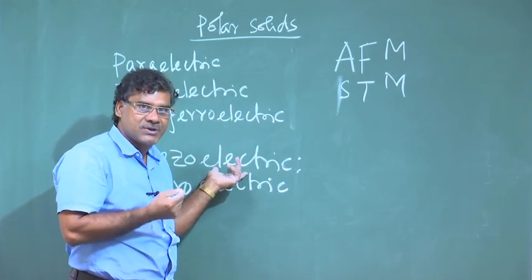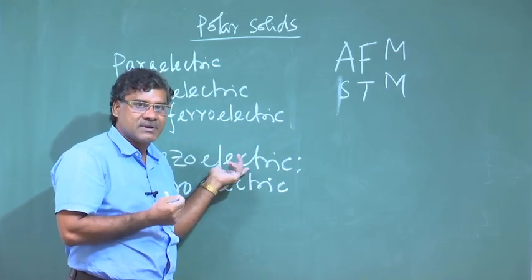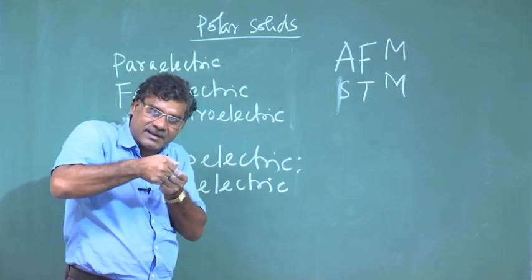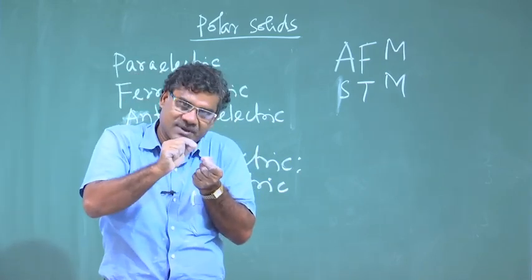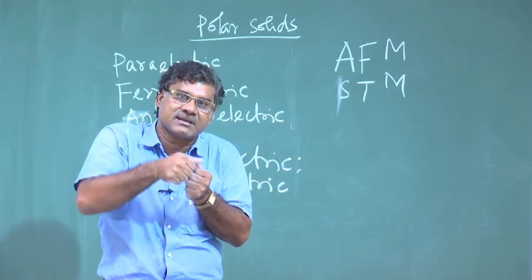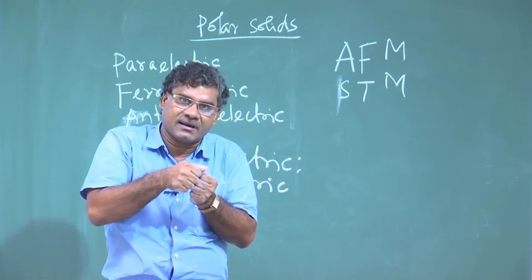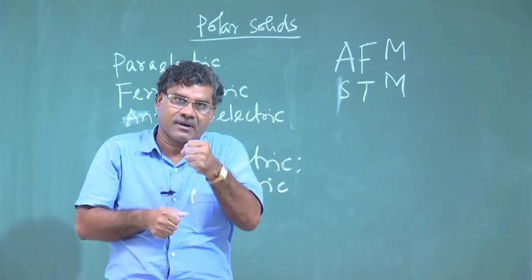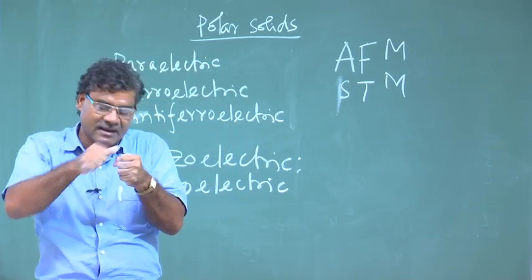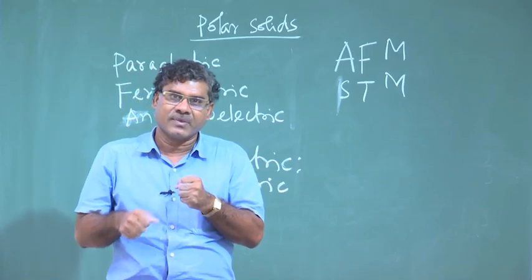So, we apply voltage on this piezoelectric material, and then the piezoelectric material changes dimension, and so the scanner moves. The scanner is set on this piezoelectric material, which is basically taken in the shape of a cylinder.